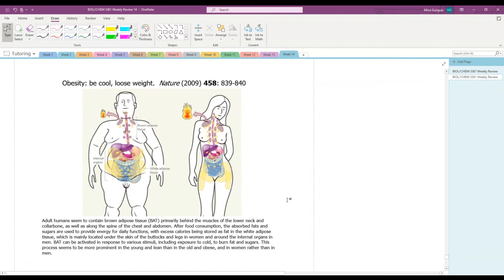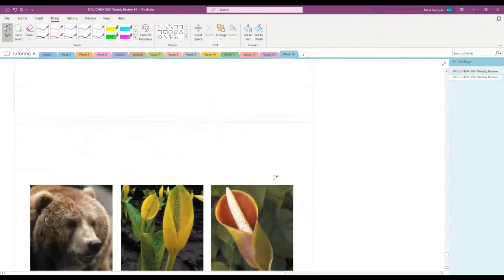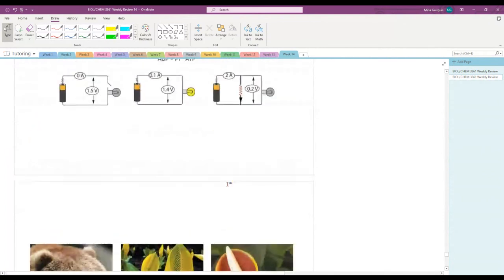Brown adipose tissue is activated in response to various stimuli, such as exposure to cold, and it burns fats and sugars to keep us warm. The reason you see this figure of both a male and a female is because the process seems to be more prominent in the young and lean than in the old and obese, and in women rather than in men. So it's a really interesting way that this uncoupling can be used for helping us.